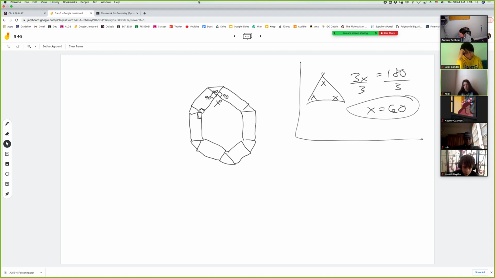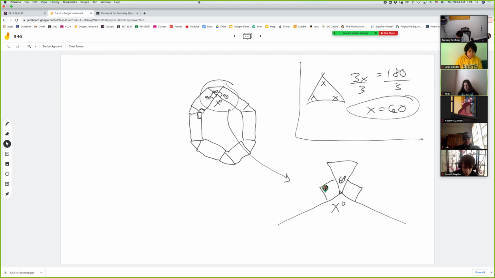Now, let me explain that. I'm going to take this and I'm going to expand it. Okay? We've got our triangle, which is 60 degrees. We've got two 90-degree angles.